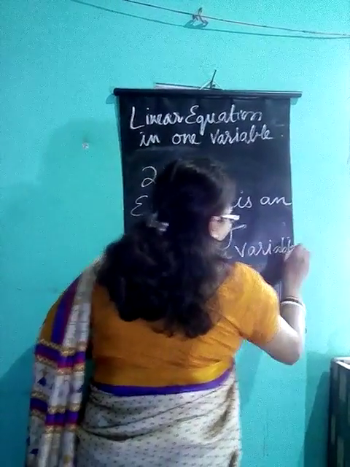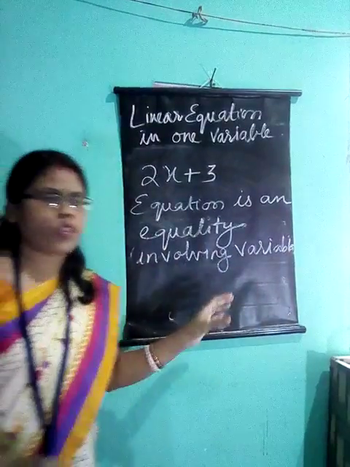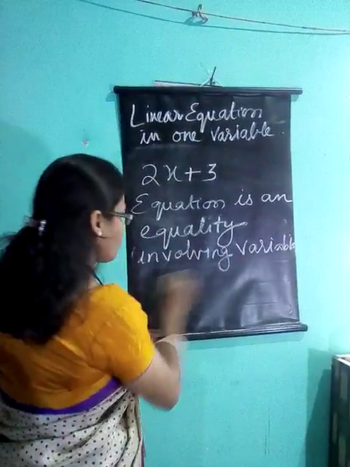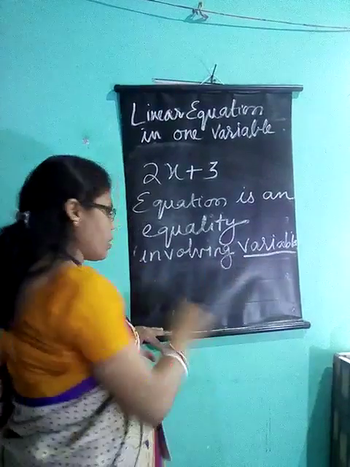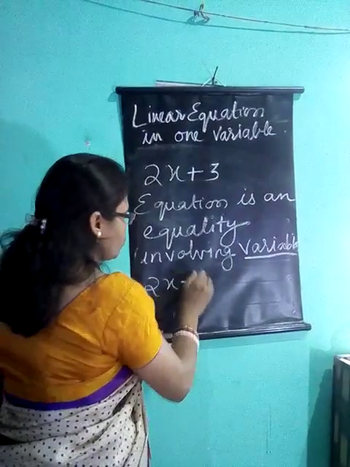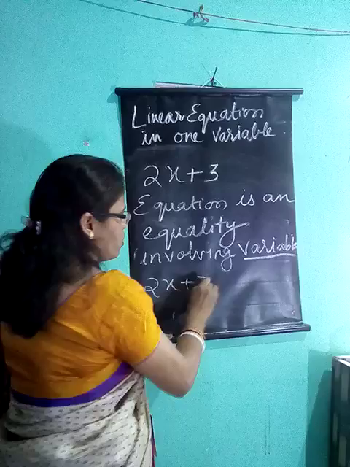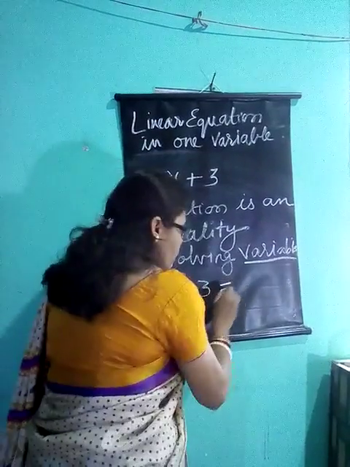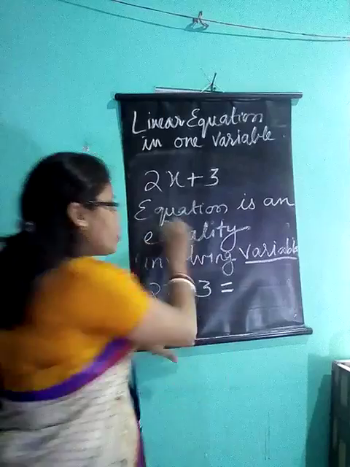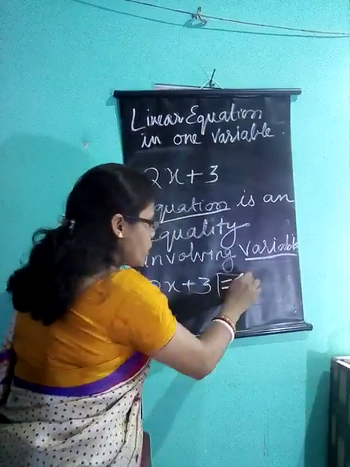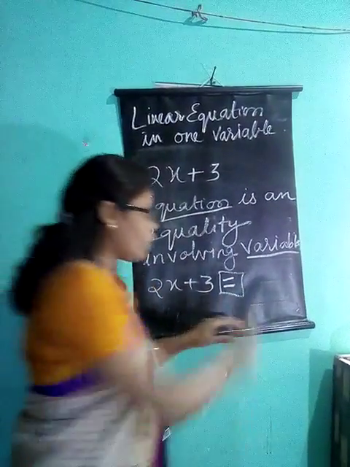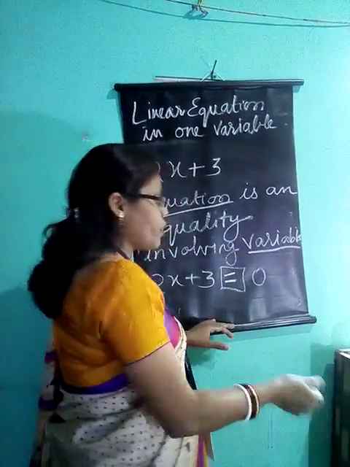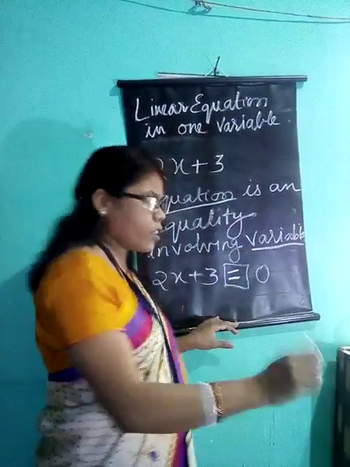Now in this, the most important thing is that we have an expression, variable is there, it means there will be an expression 2x plus 3. Now equation will always have equal to. On the right hand side, either it can be 0 or any constant value or any expression or any variable, anything it can be.